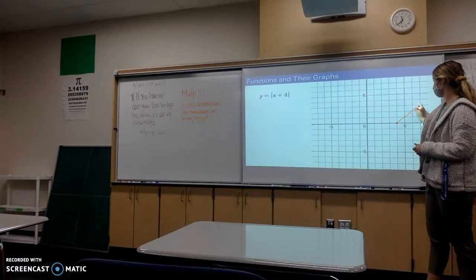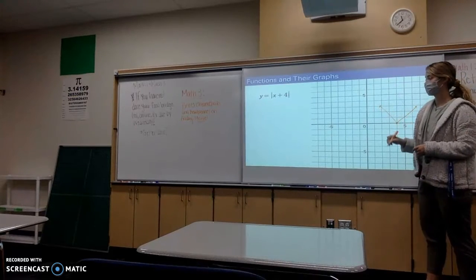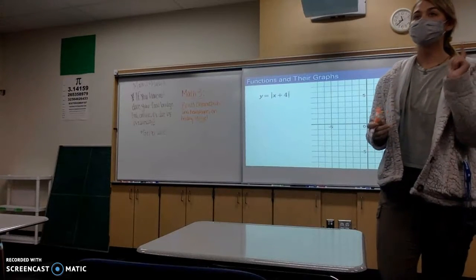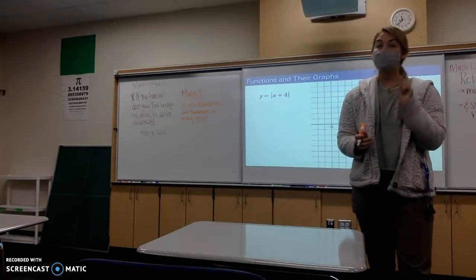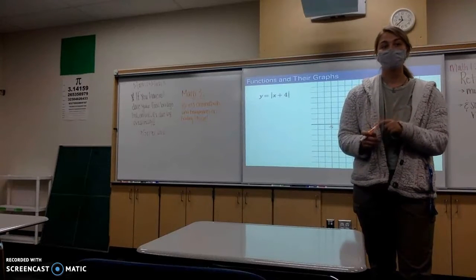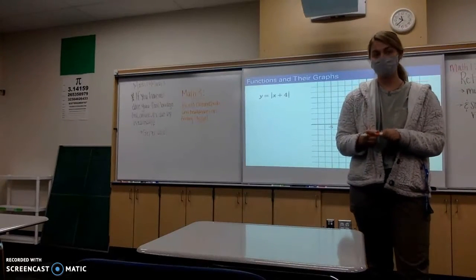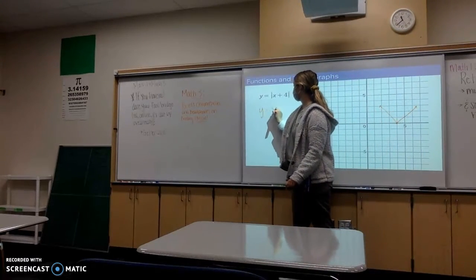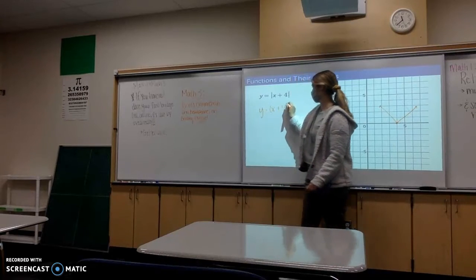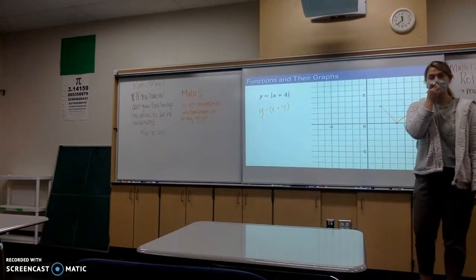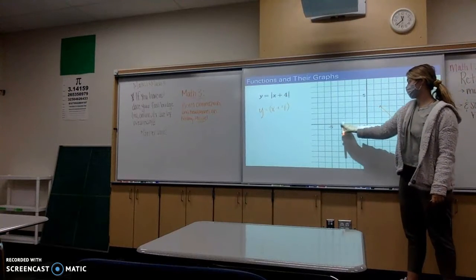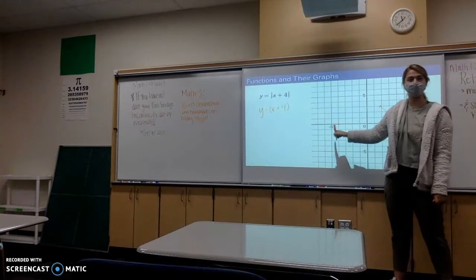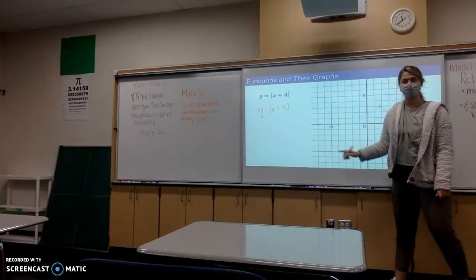There are no negative answers, so it just goes to absolute value. When we did y equals x plus 4, where did that put my graph? Over this way? That's where this graph started? So would it make sense that this graph's also going to start at that point?